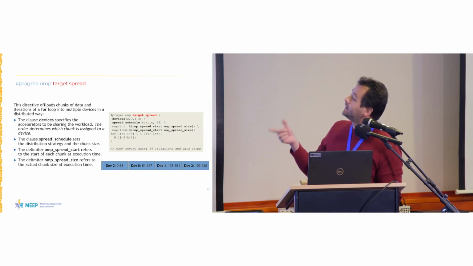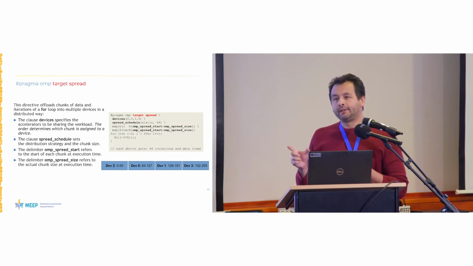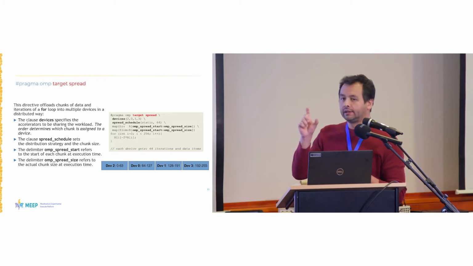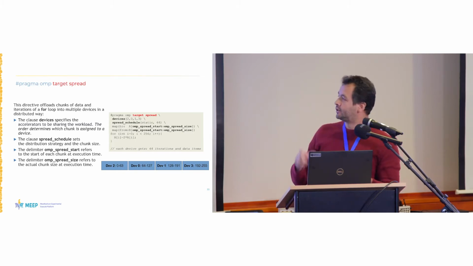That means that the order here is important and that we're going to be mapping each chunk to the devices that we have in the list. And if we have more chunks, we repeat from the beginning. So this is the strategy that we are using.